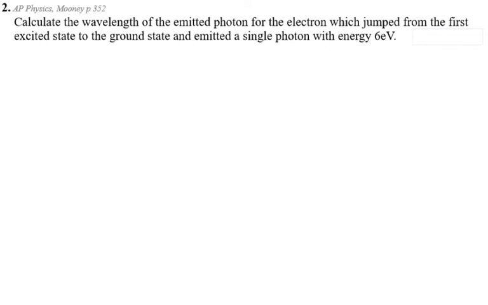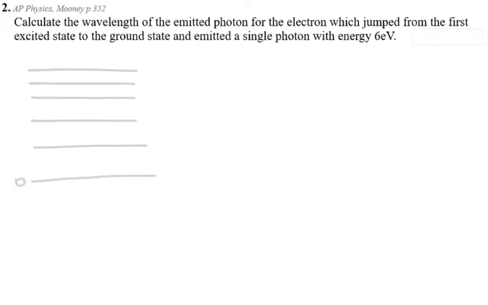In this next question, they're saying calculate the wavelength of the emitted photon for the electron which jumped from the first excited state to the ground and emitted a single photon with energy of 6 electron volts. So you have different states where the electron can be, and eventually there's going to be the ground level, the 0.